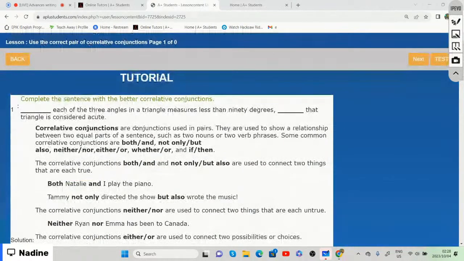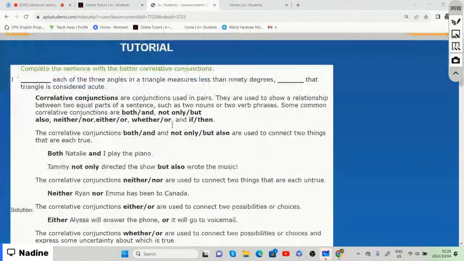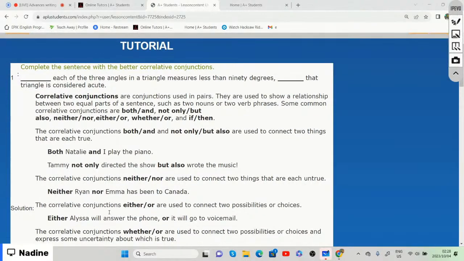All right. So, which means that if we look at our activity, it says each of the three angles in a triangle measures less than 90 degrees. So, we are going to choose if and then.